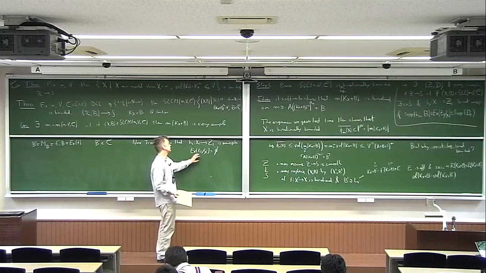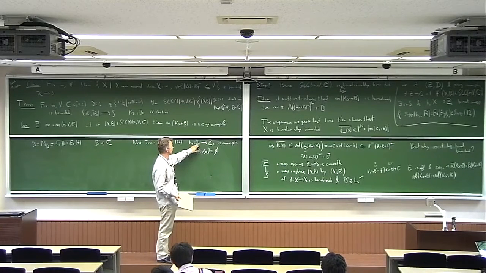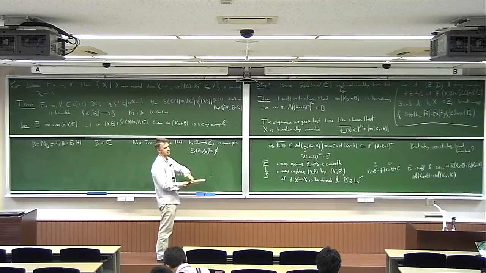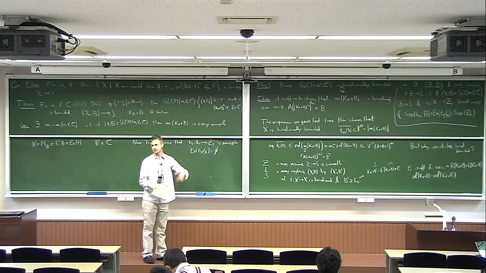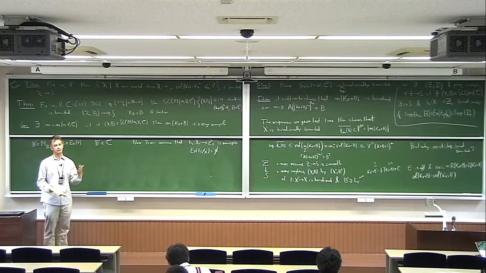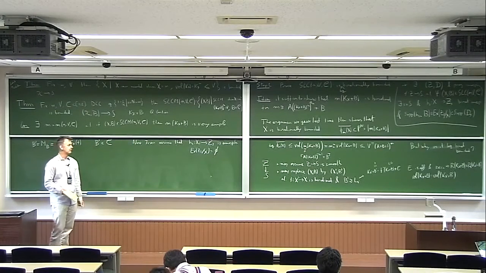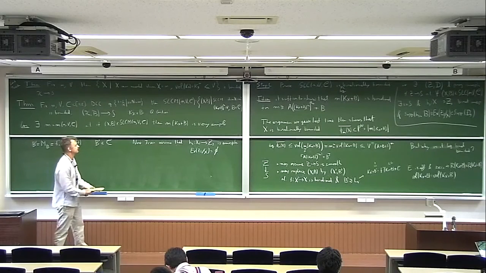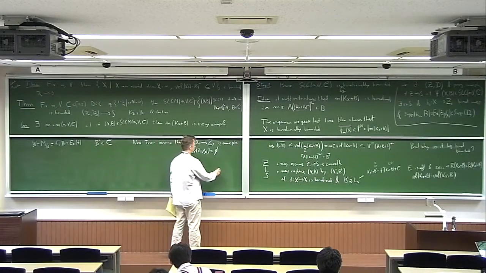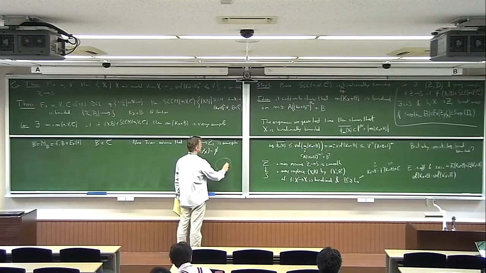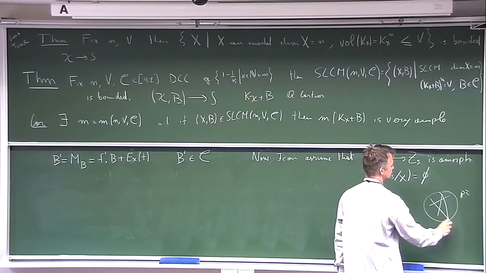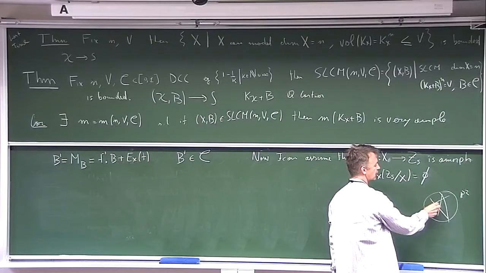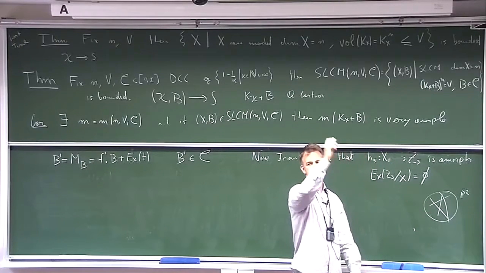Watch out that there's a subtlety here: for different copies of X, you could be blowing up X more and more. The map from X to Z_s could have more and more exceptional divisors. And that's something that we're going to have to deal with eventually. It's an unpleasant feature. But there's no way of getting around that, because if you have the most benign pair you can think of, P2 with 4 lines with coefficients 1, you can keep blowing up points of intersection of the lines, adding the exceptional divisor with coefficient 1.